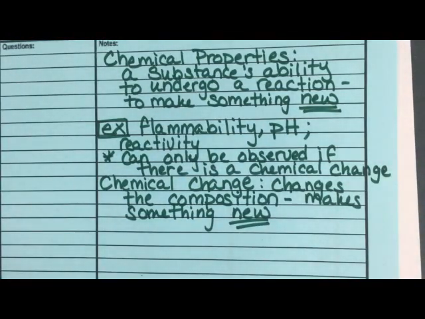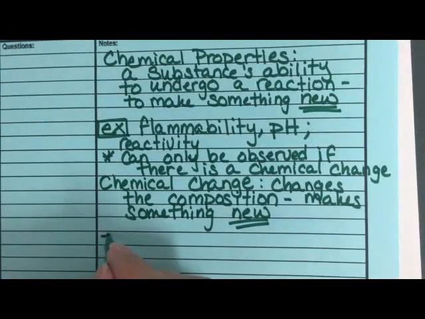So I don't know if something's able to burn if someone's never burned it. I don't know if a metal will rust if it's never happened. So I can only observe a chemical property if I also have a chemical change. Do I make something new? If that doesn't happen, then I can't tell.